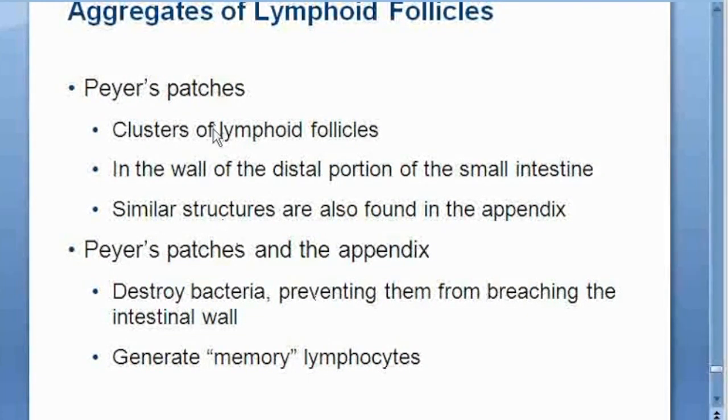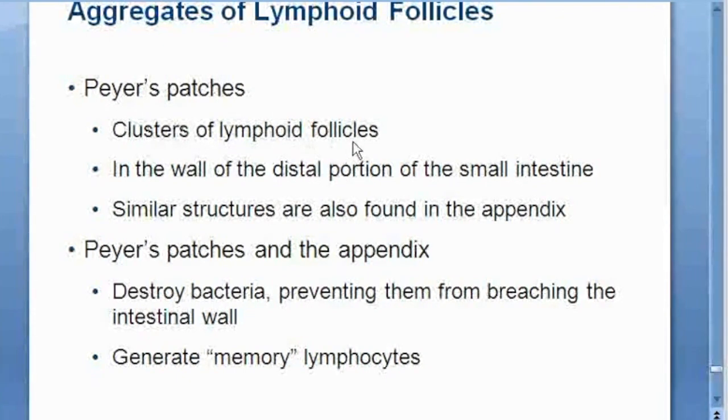We're not actually going to look at bone marrow in here, but remember bone marrow is considered lymphatic. What we are going to look at are these clusters of follicles. Throughout the digestive tract and in other tissues as well, we're going to have clusters of lymphatic tissue. In the digestive tract, in certain areas, they call these Peyer's patches.